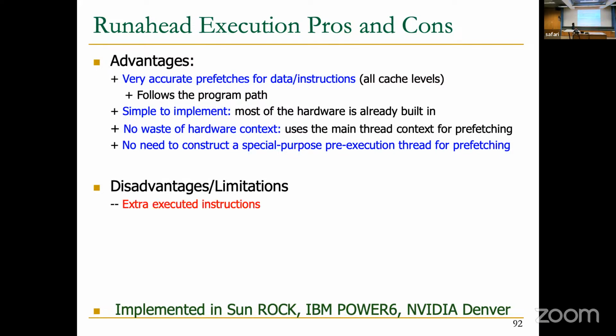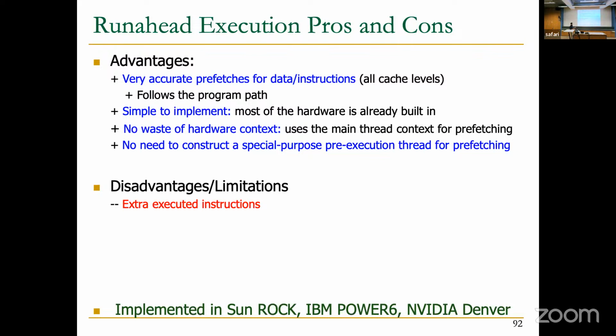But there are disadvantages. The disadvantages are we have to execute extra instructions, even though their execution is not making an impact on the checkpoint, because you restored them, you restored their benefits, but you're anyway executing, so that consumes energy.